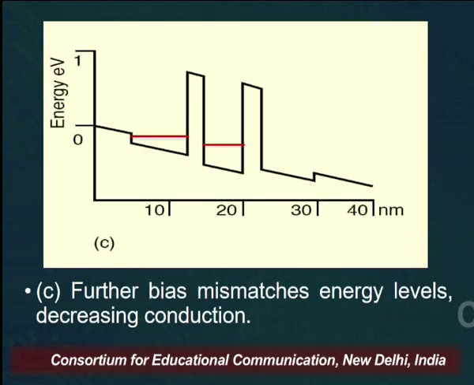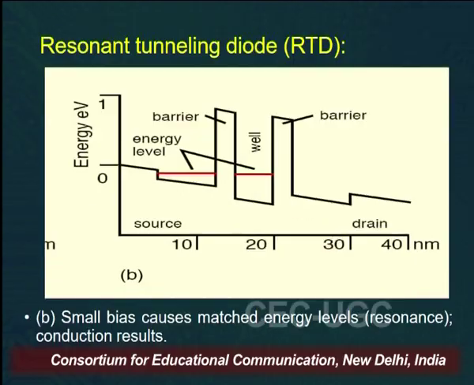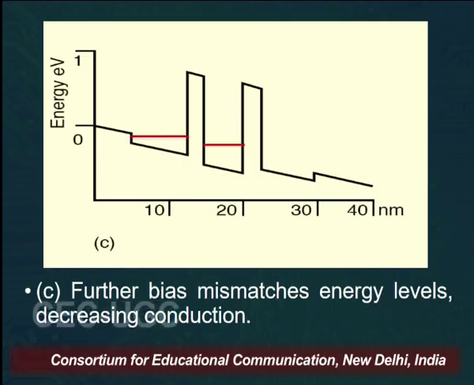Another is the further bias, which mismatches the energy levels and decreases conduction. Now, here the conduction results, resonance will take place here, but now again the further bias mismatches the energy levels and decreases conduction.